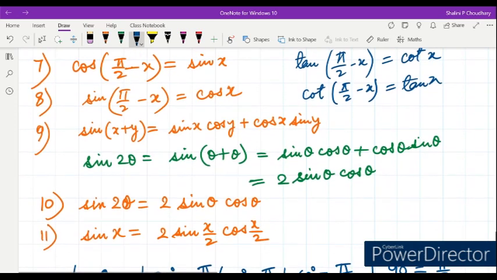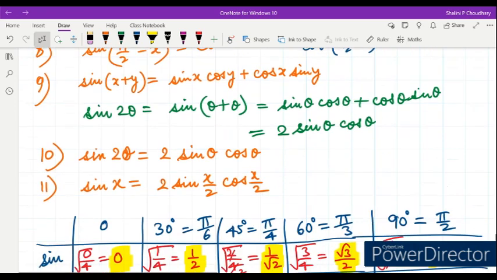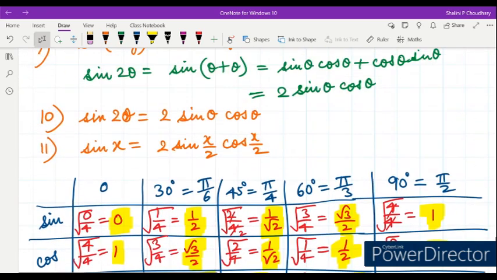For sec and cosec also we can find the same: sec of pi by 2 minus x will be cosec x. So these things we have done.